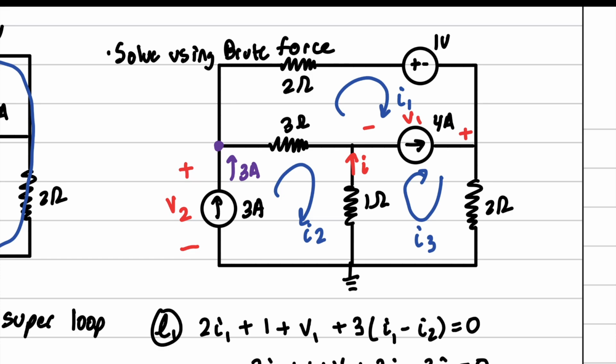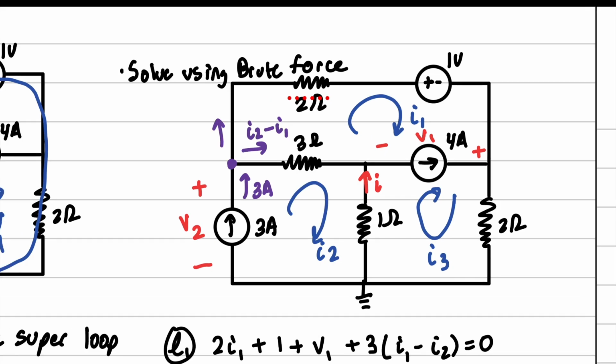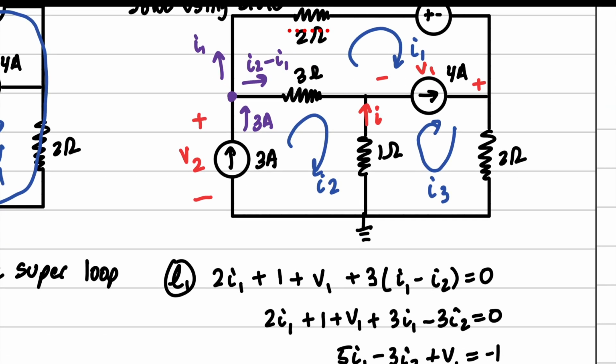And then coming out, we have I2 going out of the node, and we have I1 going into the node. And then right here we have I1 going out of the node. And so that's one of our KCL equations.